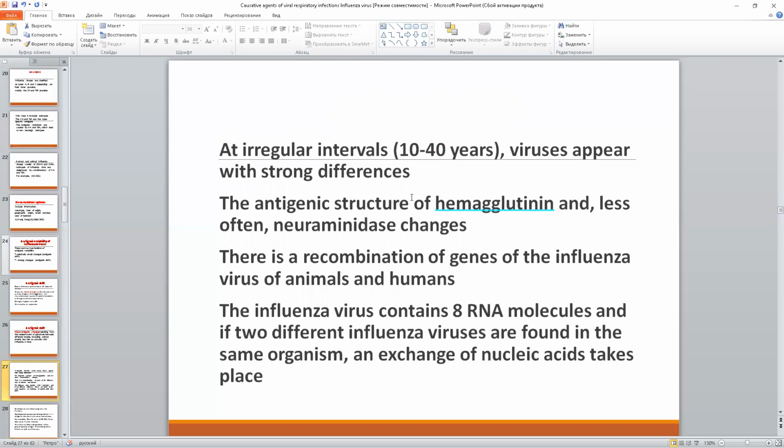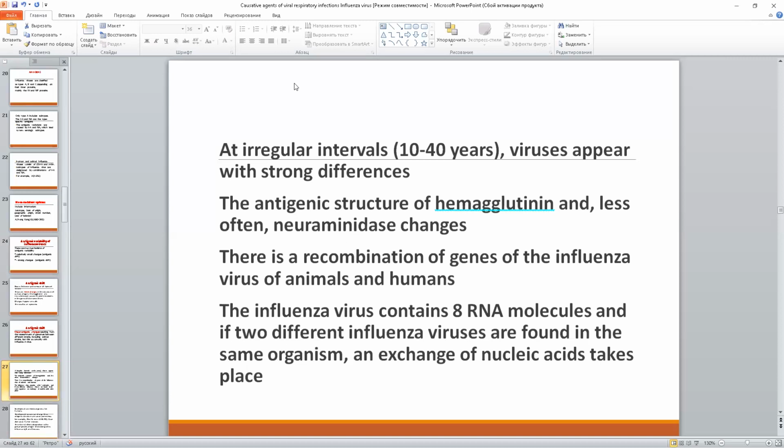The antigenic structure of hemagglutinin and less often neuraminidase changes. There is a recombination of genes of the influenza virus of animals and humans. The influenza virus contains 8 RNA molecules, and if 2 different influenza viruses are found in the same organism, an exchange of nucleic acid takes place.